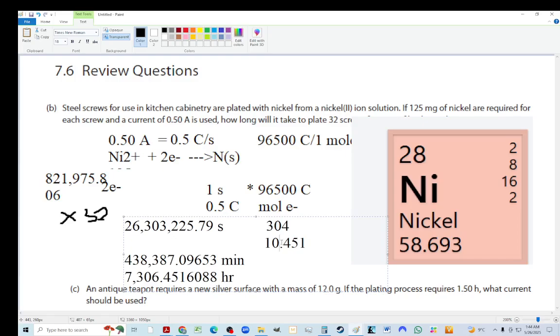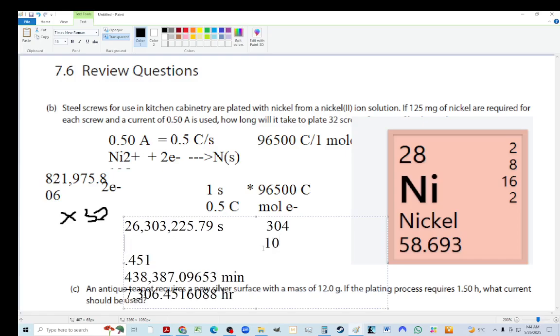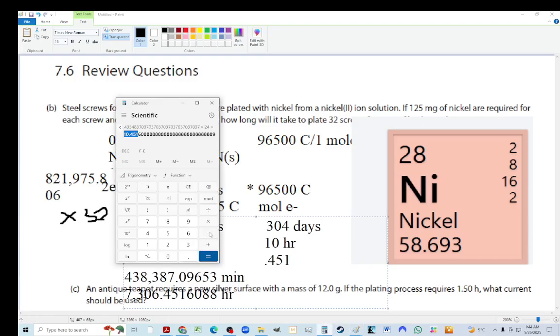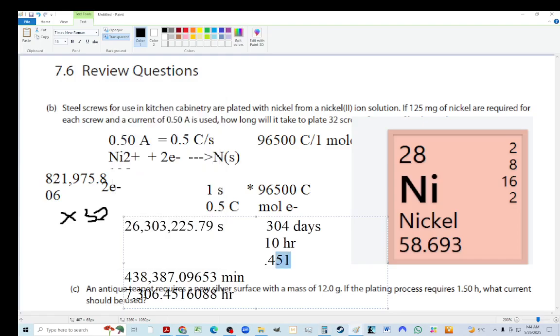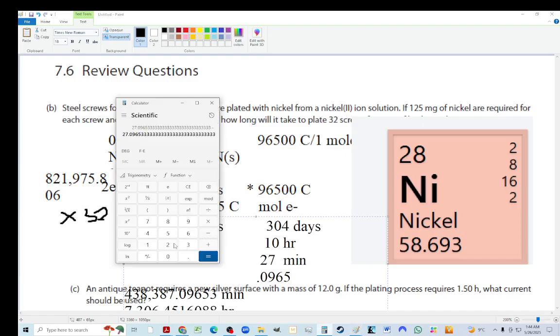And then if you want to convert the next part to minutes, subtract the 10. There's 60 minutes in an hour. It's this many minutes. And then you take the last part and multiply it by 60 to get the seconds. There you go.